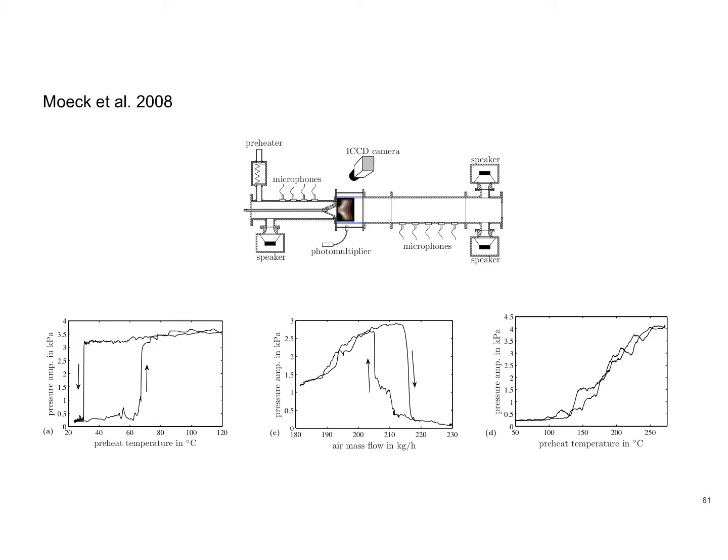Okay, so from these two plots you can already identify that the bifurcation has changed in nature. Here we had a subcritical bifurcation, here we have a supercritical bifurcation.